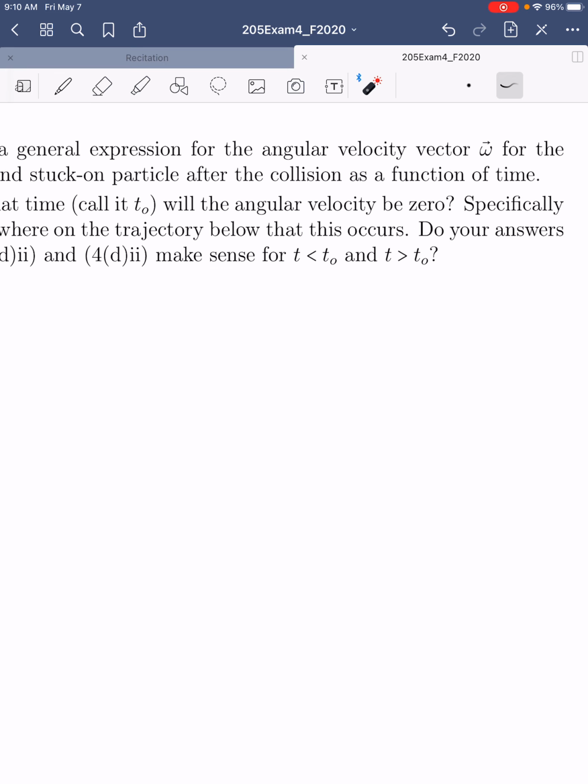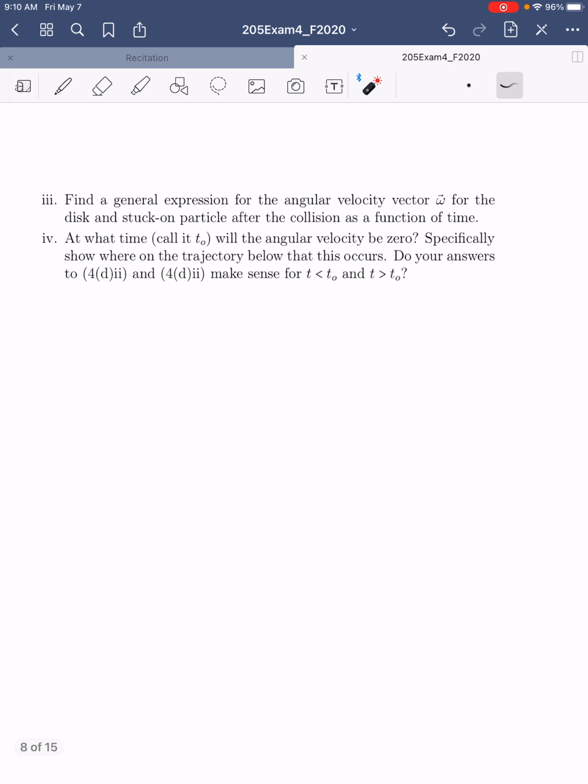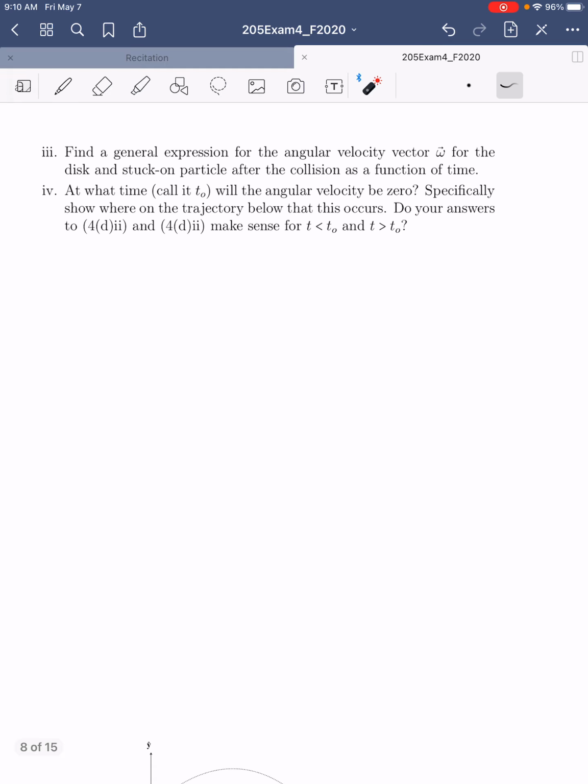Find a general expression for the angular velocity vector omega for the disk and the stuck-on particle after the collision as a function of time. Now, what this is coming from is that we're actually saying that angular momentum is conserved here. So whether you recognize it or not, I gave you this information that the sum of torques would be 0 after the collision by saying that after the collision I have this thick pin, so if the center of mass changes, the net torque on the system would be 0.